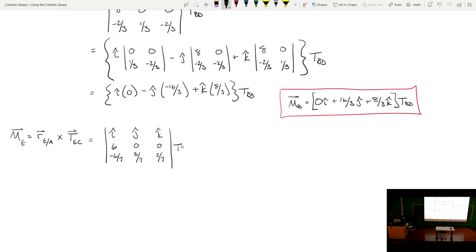But then don't forget T_EC. Now, if you understand this step, this is exactly the same thing. And in the interest of not wasting time in class, I'm going to say that M_E ends up being the following. When you chug it out, you get 0i minus 12/7 j plus 18/7 k, all times T_EC.